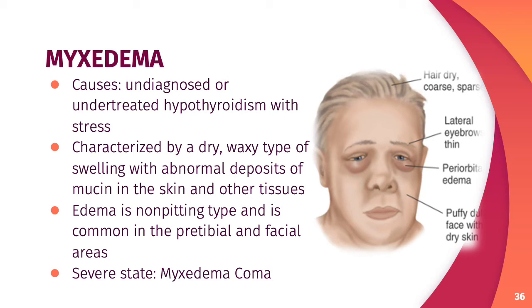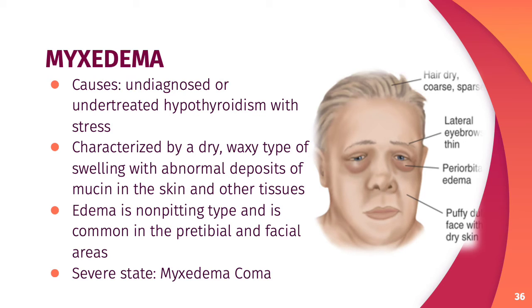So its manifestations would be associated with the slowing of the metabolic rate. The hypothyroid state in adults is called myxedema, while in children we call that cretinism. So let's just focus on myxedema.